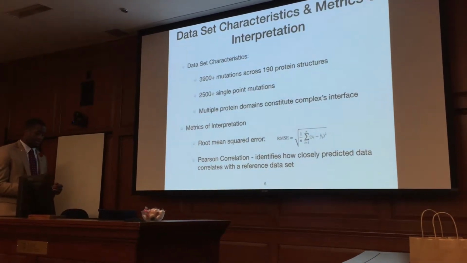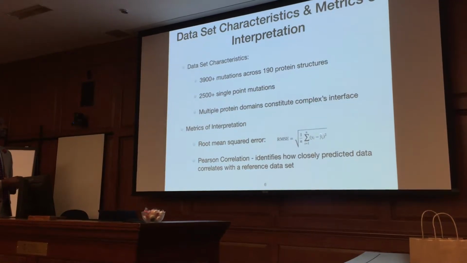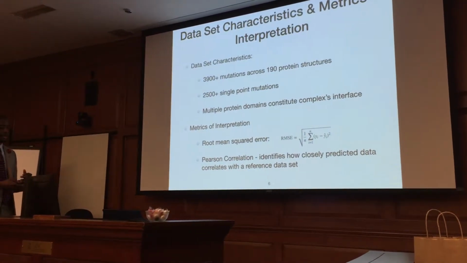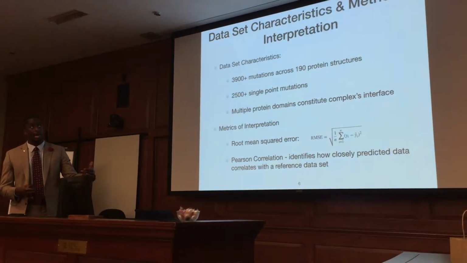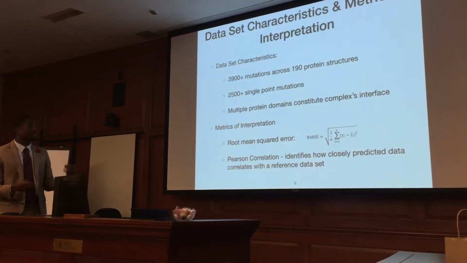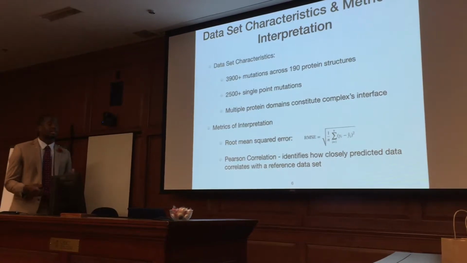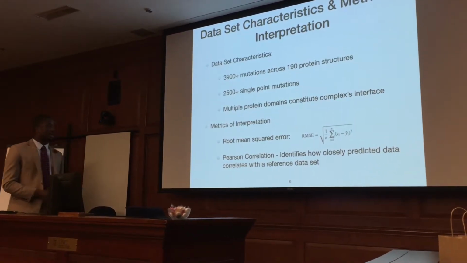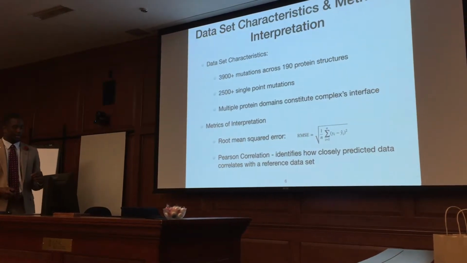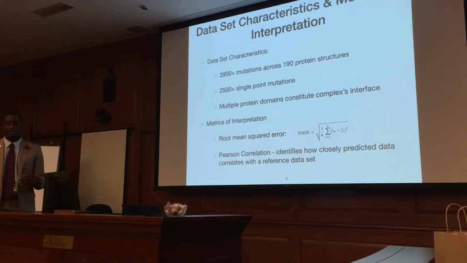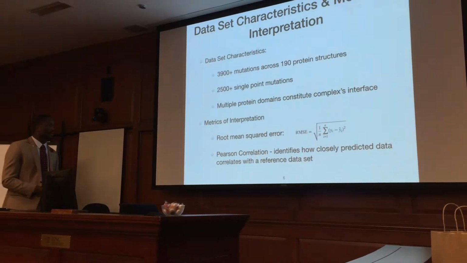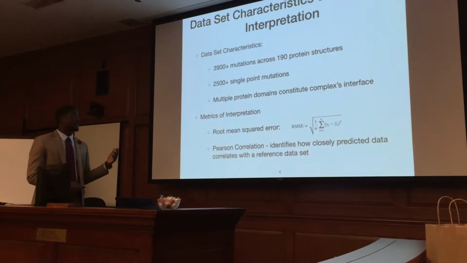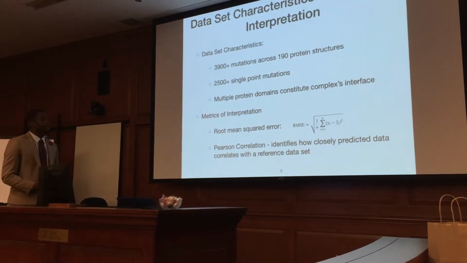Mathematically, we have the reference point of the actual DDG value, and we subtract that from the predicted DDG value. We square that, and we find the average of the entire predicted data set. Once we find the average of that, we take the square root, and that gives you the root mean square error.